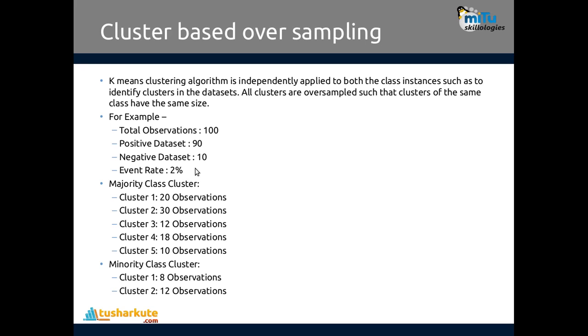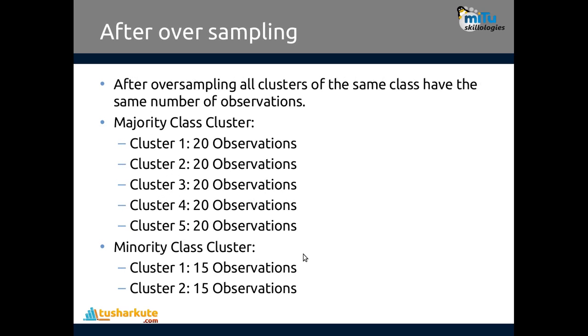So check this out. Now I'm having multiple different clusters. Out of all 100, we are having clusters of 20, then 30, 12, 18, and 10. And the majority class clusters contain 8 and 12, something like this. Now, after oversampling, all clusters of the same class will have the same number of observations.